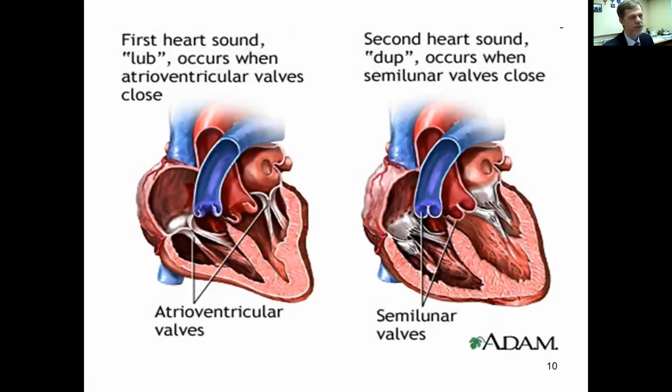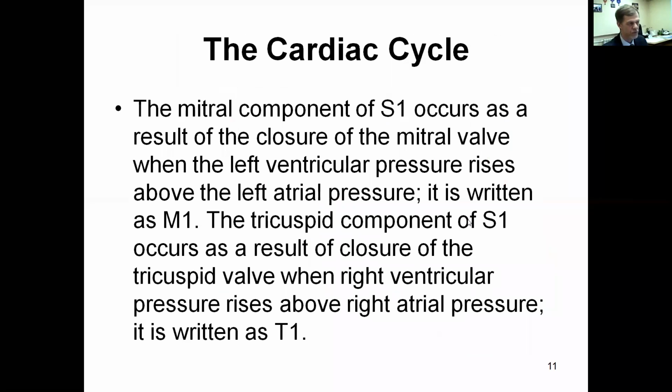Now you can say, for example, lub-dub, lub-dub, lub-dub. The lub is closure of atrioventricular valves at the beginning of systole, and the dub is closure of semilunar valves at the beginning of diastole. That's why, by the way, the first heart sound is also known as the systolic sound, and the second heart sound is known as the diastolic sound.